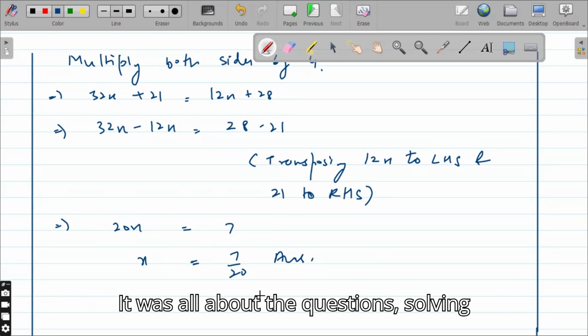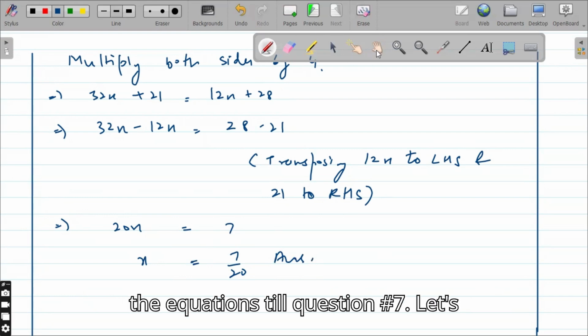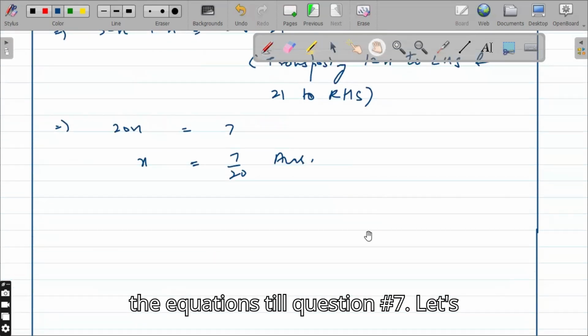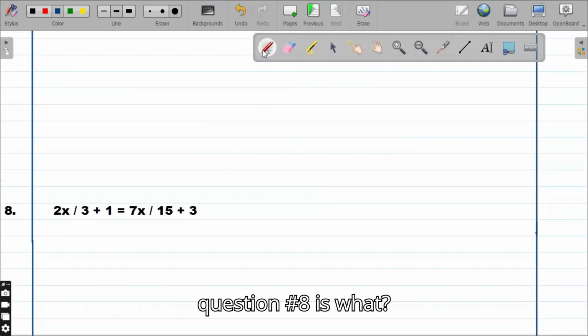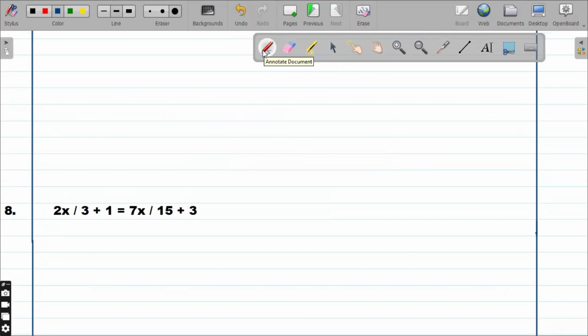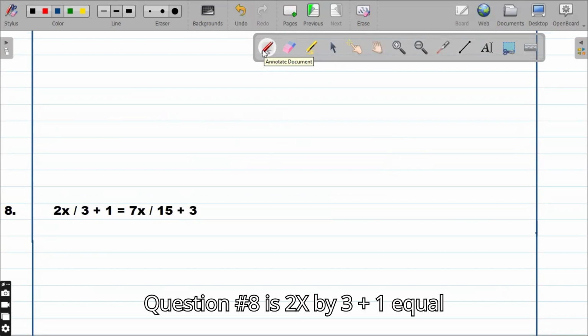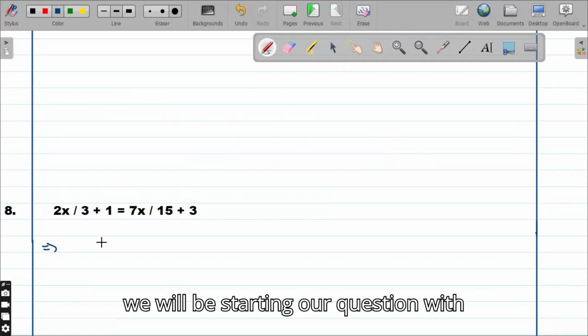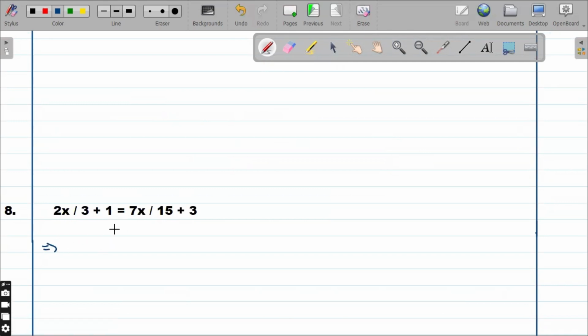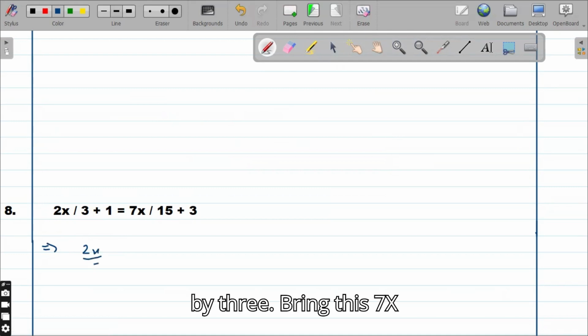It was all about solving the equations till question number 7. Let's move further. Question number 8. So question number 8 is what? Question number 8 is 2x by 3 plus 1 equal to 7x by 15 plus 3. So we will be starting our question with 2x by 3.